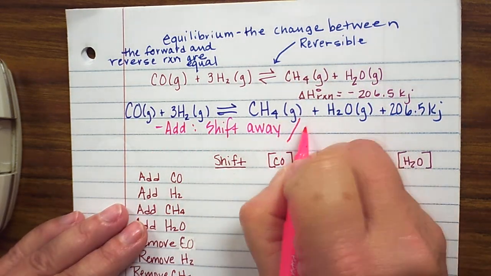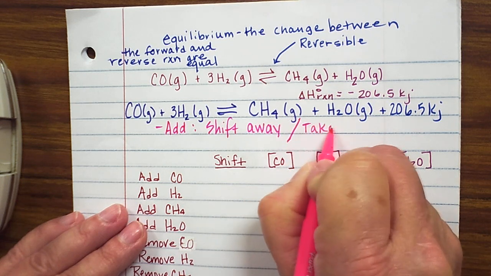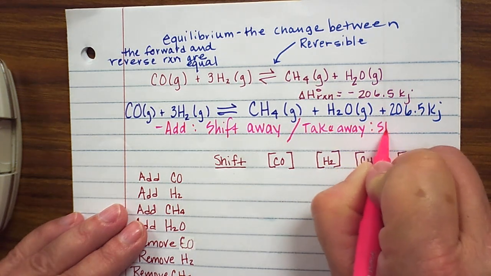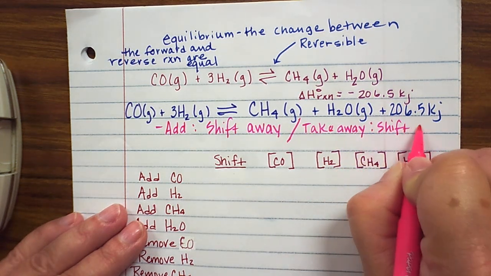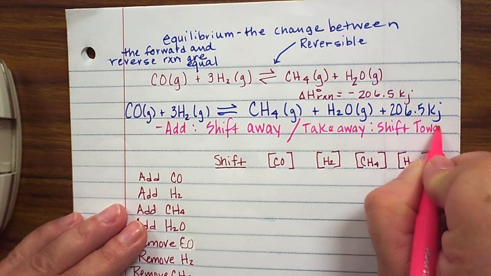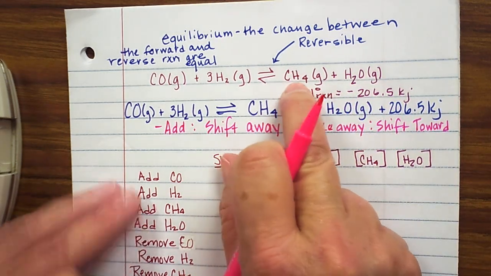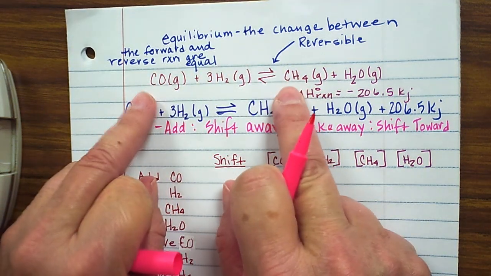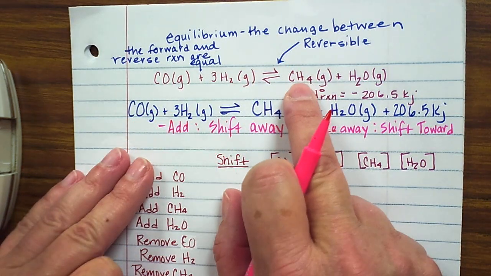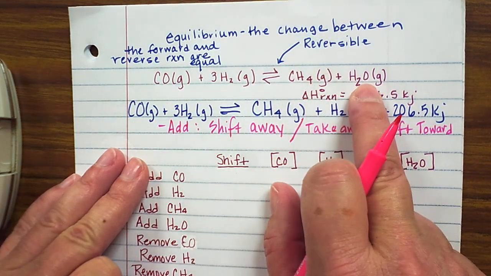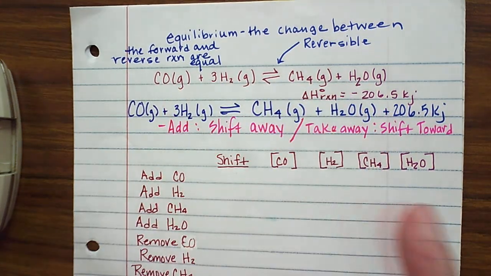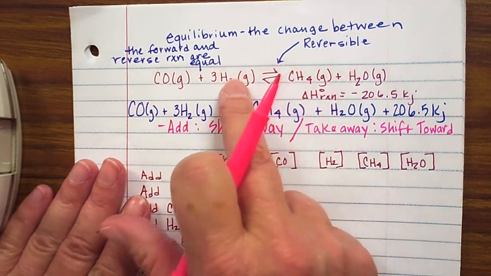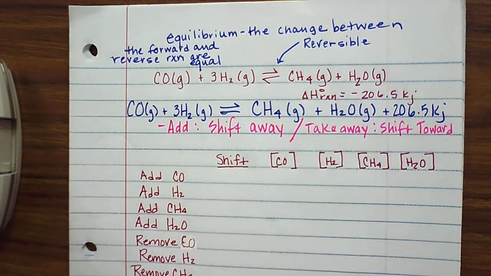If we take away, we shift toward. So in other words, if we take away a product, we shift toward and we actually make more products. So if we take methane away, we're going to shift this way. We're going to increase the methane and we're going to increase the water because we're going to shift toward the products. And we define that as shifting left toward the reactants or shifting right toward the products.